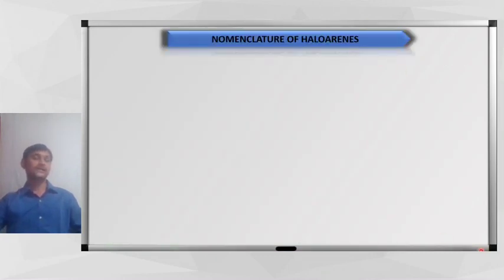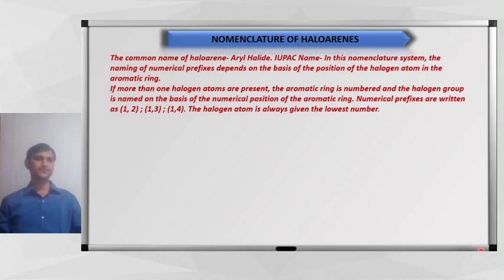Now next one, nomenclature of haloarenes. See, the common name of haloarenes is aryl halide, and the IUPAC name is haloarenes. Now see, if it is the common system, then the ortho, para and meta positions are used. If more than one halogen atom is present on the aromatic ring, then the halogen group is named on the basis of numerical position in the aromatic ring.